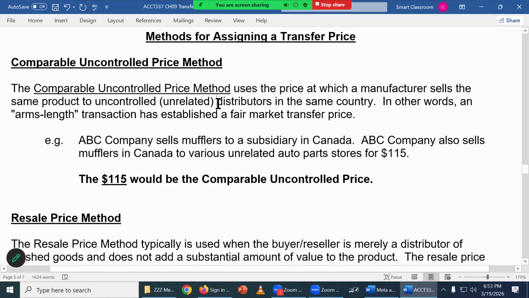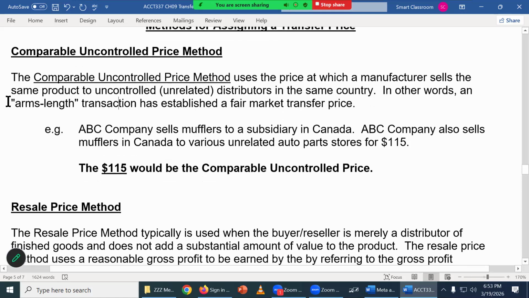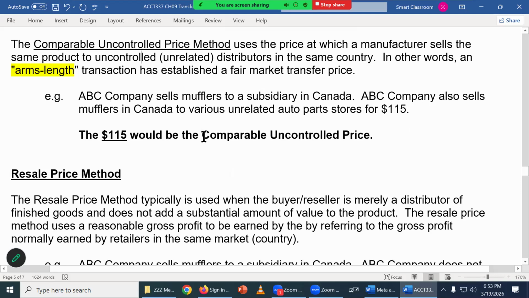Okay. So the arm's length transaction, this is kind of the one that most governments and businesses and subsidiaries go for. ABC company sells mufflers to a subsidiary in Canada.